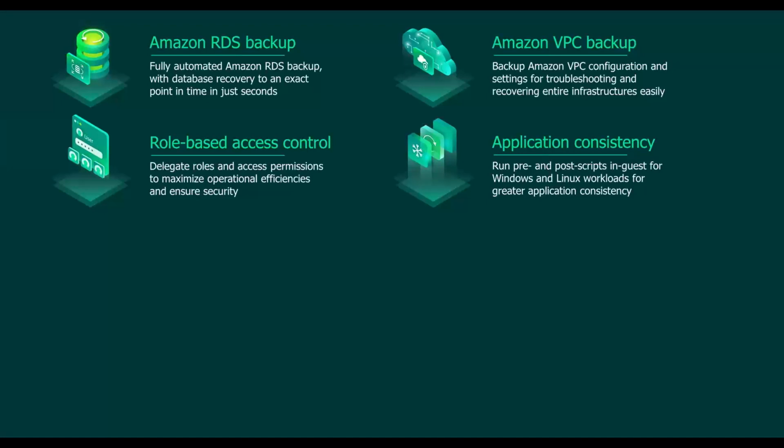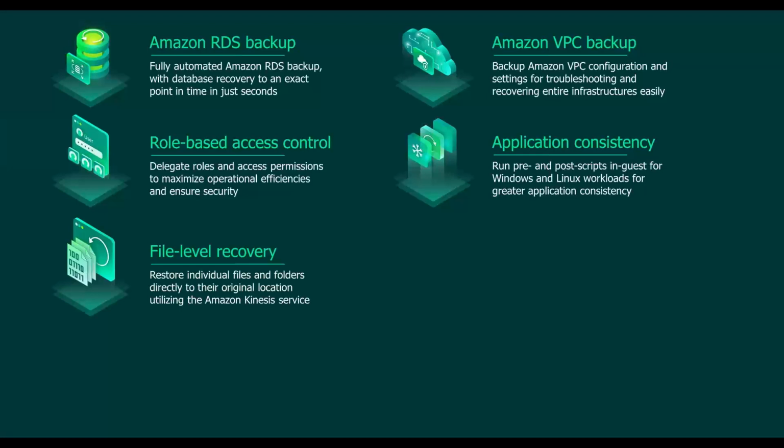I already explained the application consistency. We could already do that for VSS, but now we can do that with pre and post scripts that are available in the guest to provide even greater application consistency. For the ones who want to use this through Amazon Kinesis, we will be able to restore files directly back into the original VM.